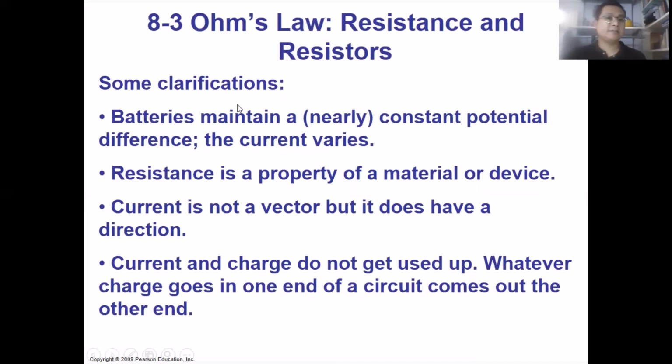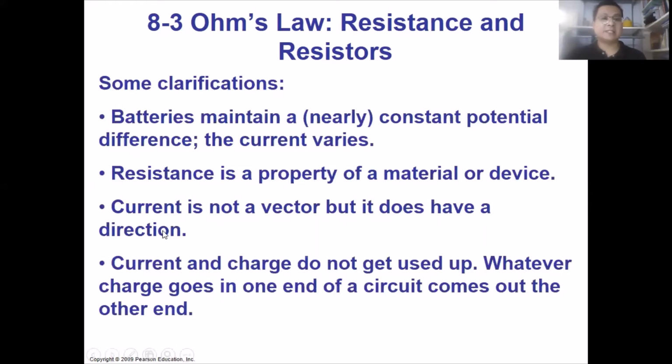Okay, some clarification. A battery maintains a nearly constant potential difference. The current varies. Correct. Resistance is a property of a material or device. Correct. So resistance is contributed by the material or device.